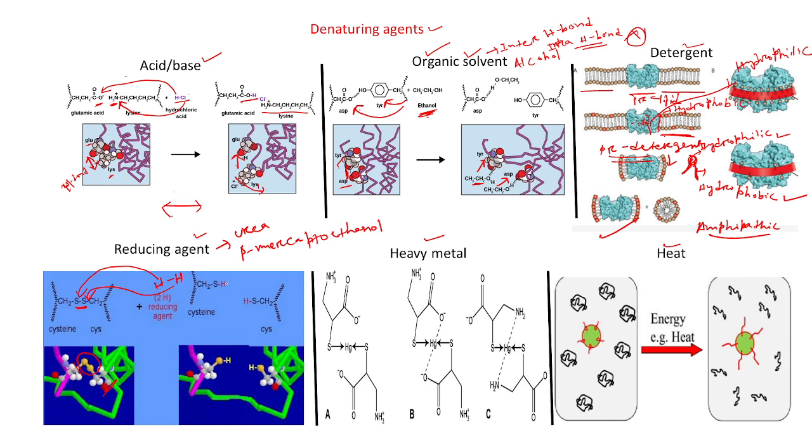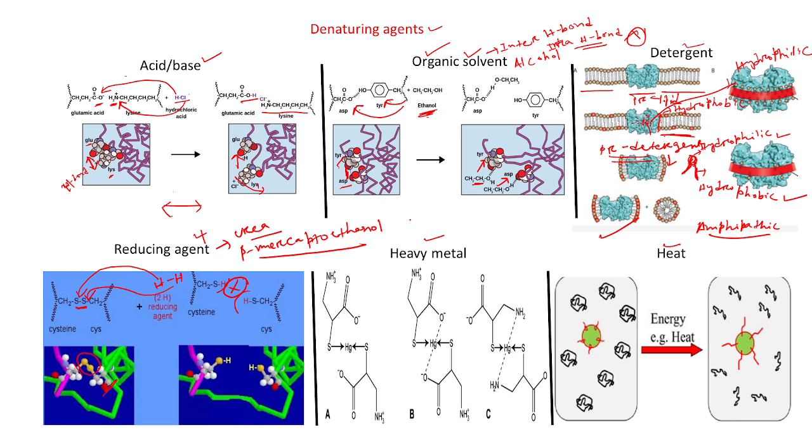So one forms SH, another forms SH. Because of the formation of SH, or the reduction, a disulfide bond cannot be formed between them. That's why they can be separated, or the protein folding is disrupted. So the reducing agent always disrupts the disulfide bond formation. Beta mercaptoethanol and urea are reducing agents.